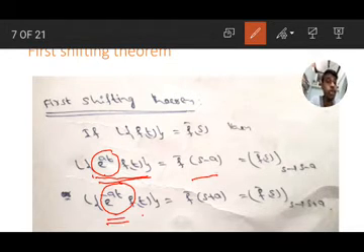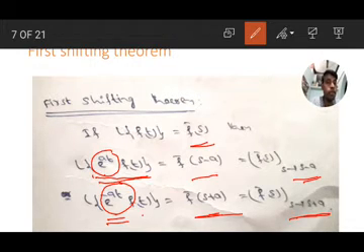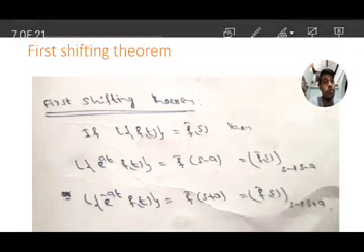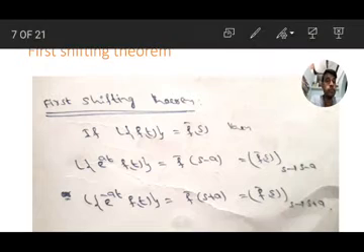If it is minus at, f bar of s plus a. In f bar of s, replace s by s minus a if it is plus, and by s plus a if it is minus. Okay, next we will do the problems.